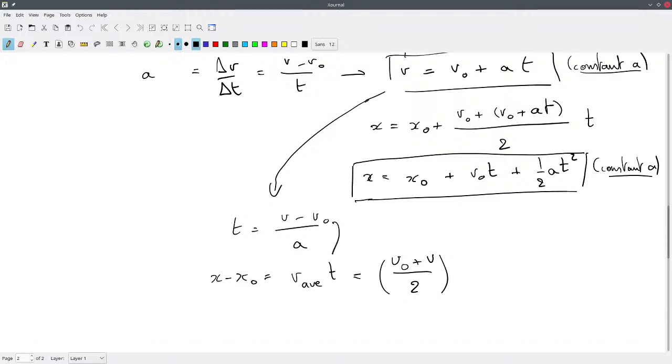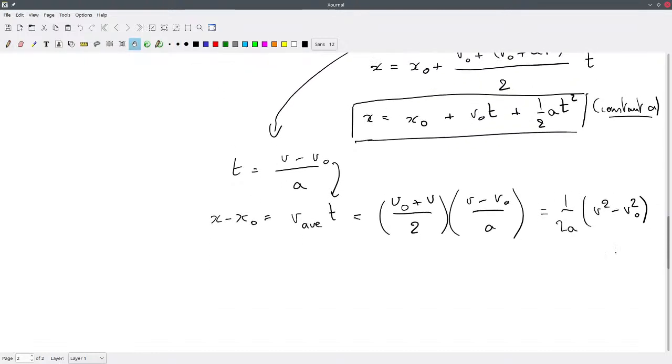Well, we've just determined what the time is, so this is (v minus v naught) over a, or this will be 1 over 2a times (v squared minus v naught squared), just using algebra of the product of these two terms with opposite sign.